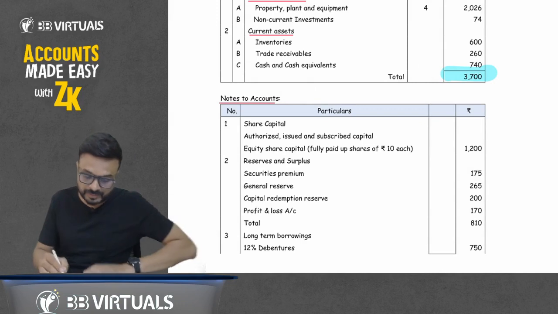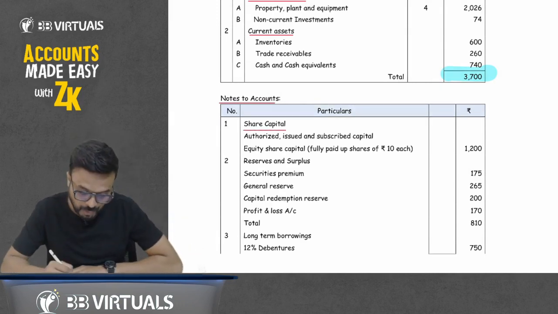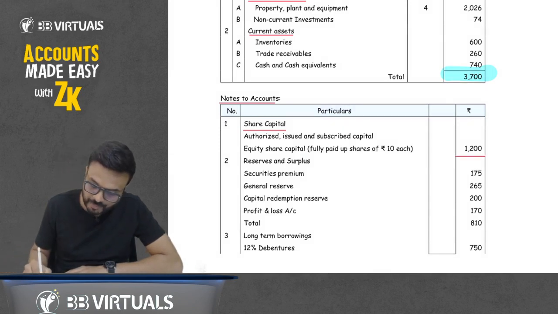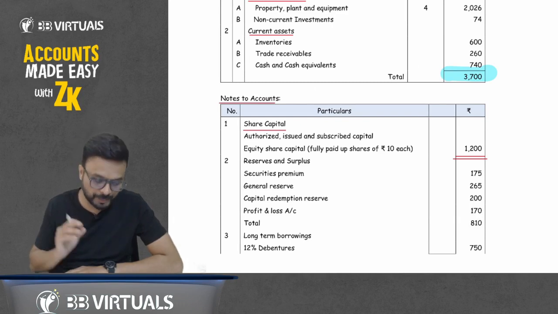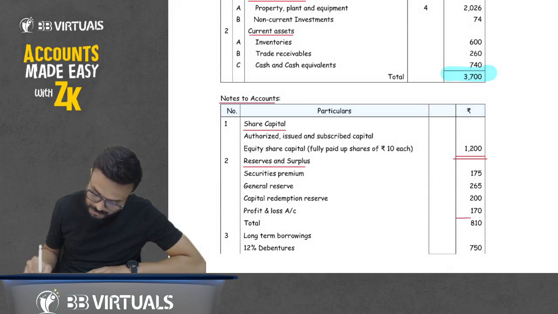Share capital: authorized, issued and subscribed capital, equity share capital, fully paid up shares of rupees 10 is 1200. So they have given us the information that there are equity shares of rupees 10 each.